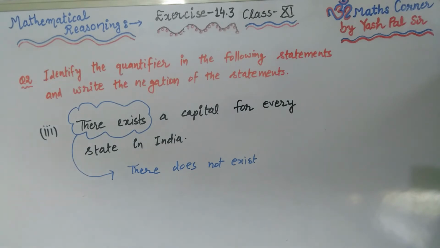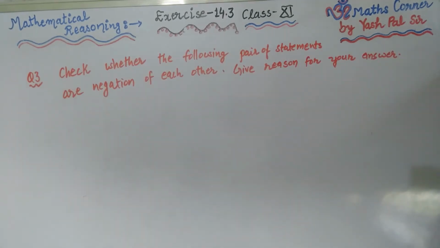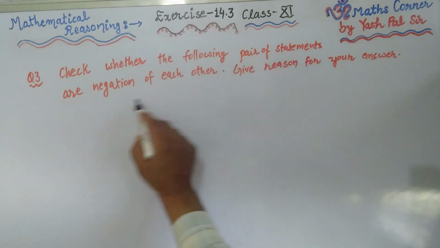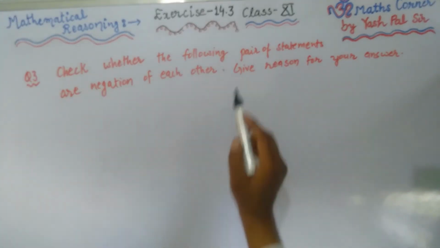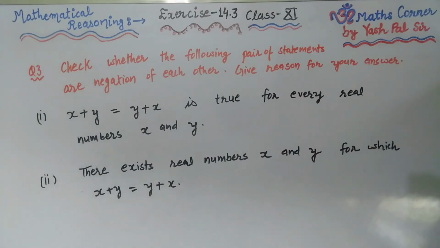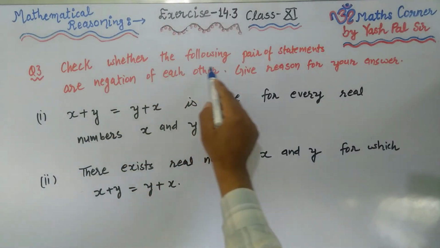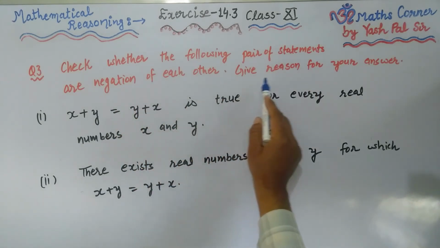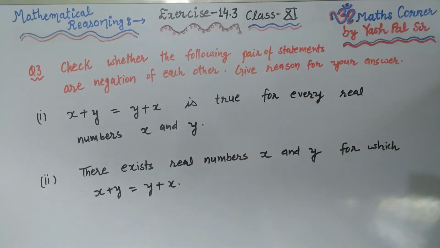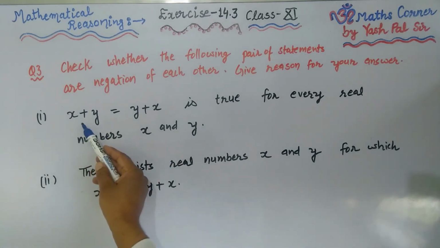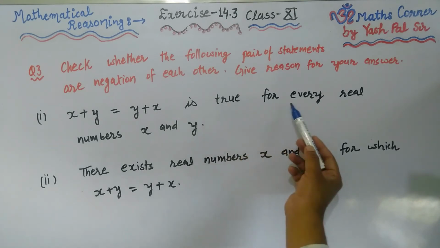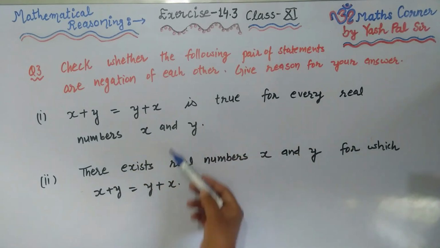Now what is there in question number 3? Check whether the following pair of statements are negation of each other. Give reason for your answer. The first statement is x plus y is equal to y plus x is true for every real numbers x and y.